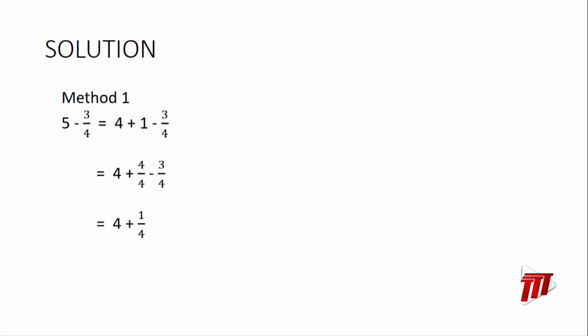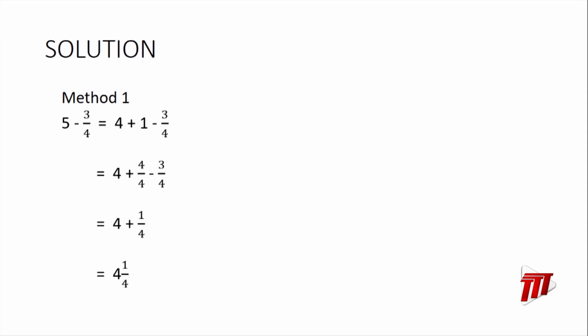So 4 plus 1/4. But that is not how we write a mixed number. We write a mixed number without the plus sign, so your answer is going to be 4 1/4. That is the first method. So if that was your plan, you've executed your plan, you've come up with an answer.